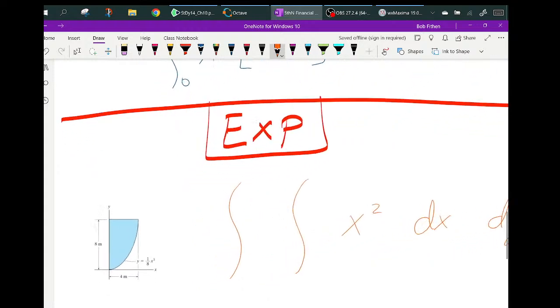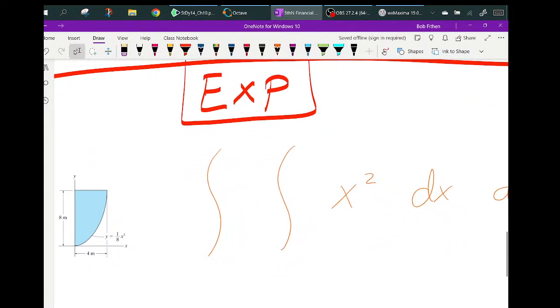Can this be done? This time I'm taking my boxes and going through this till I line up. So I'm going from 0 to some x location, which is 2 y to the 1/3.